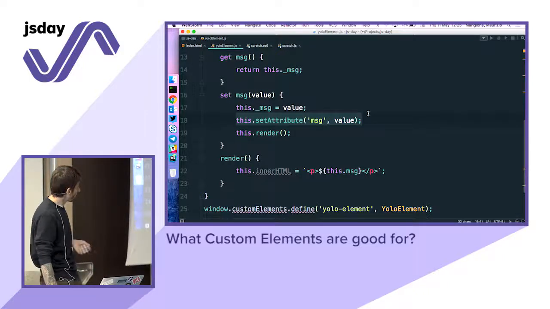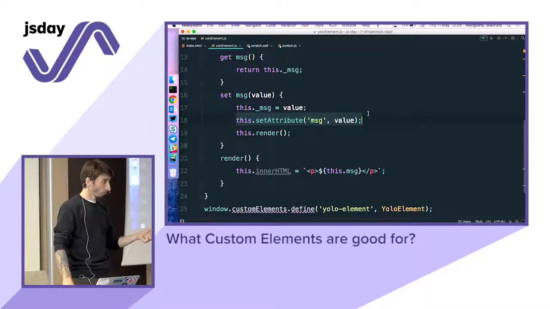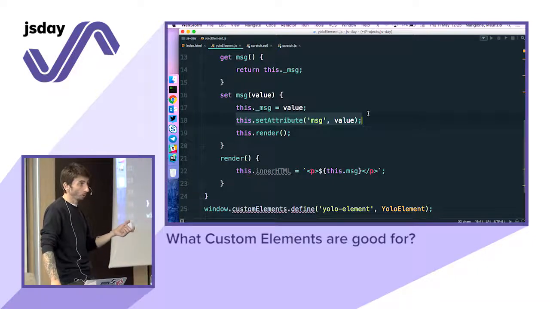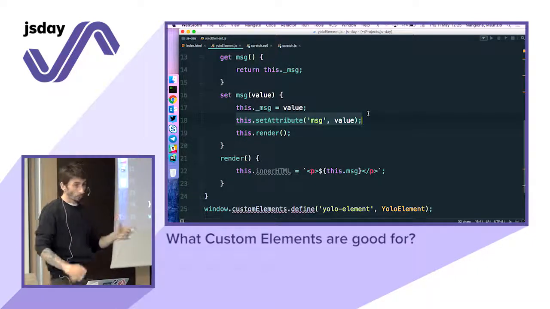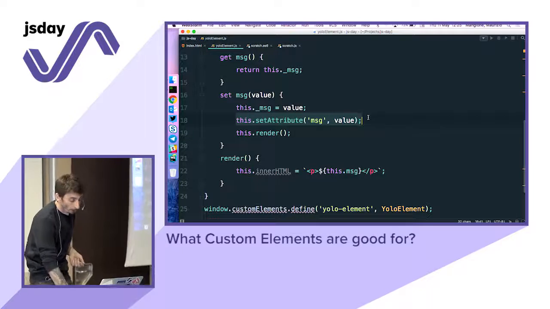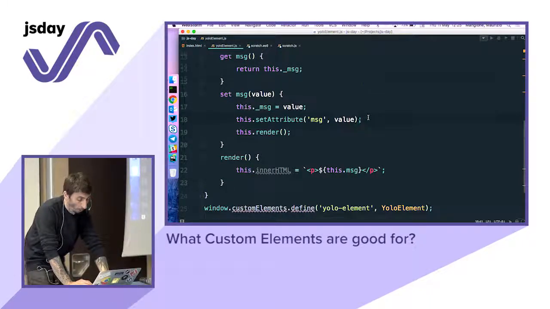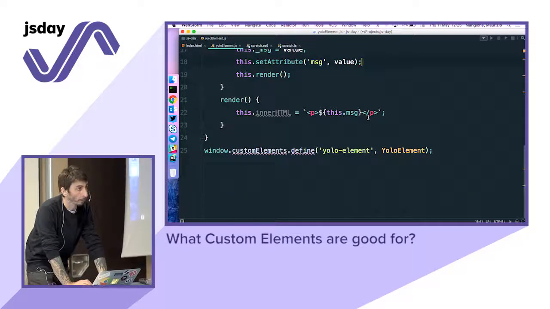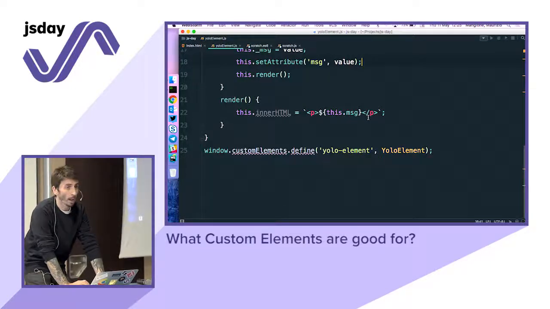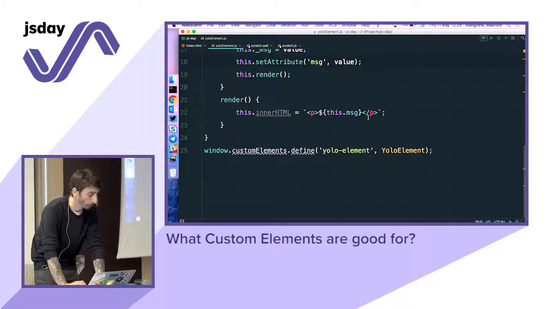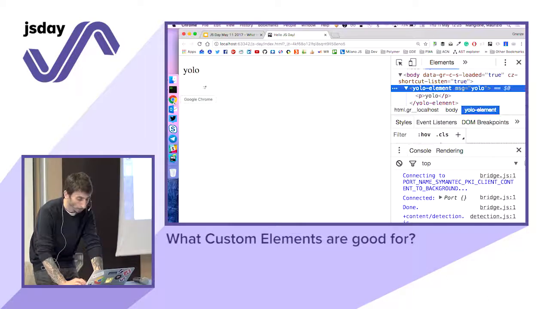But in some cases, I want to set the attribute as well, because I want to sync the two, properties and attributes. This is not needed always, but maybe if you use the attributes also to, I don't know, hide and show the element, or to do particular stuff with CSS, it's pretty handy.